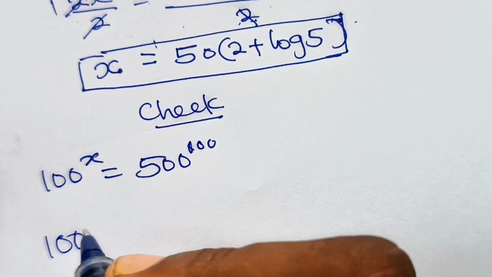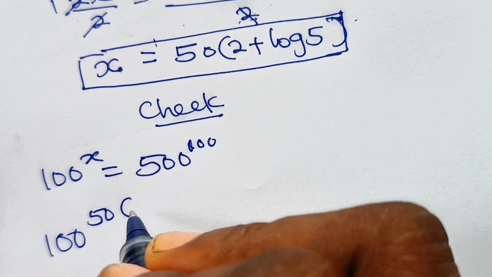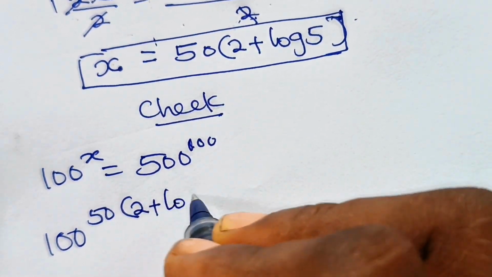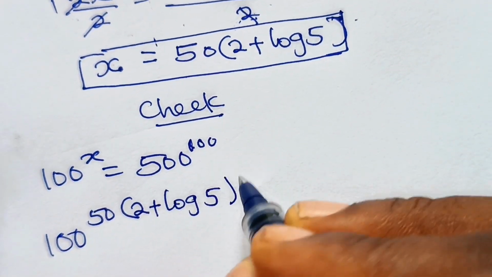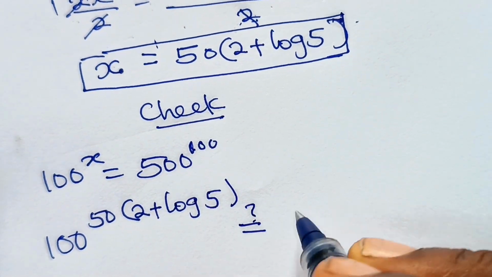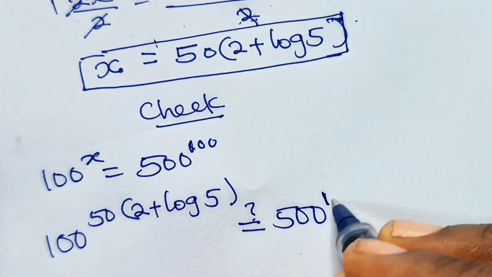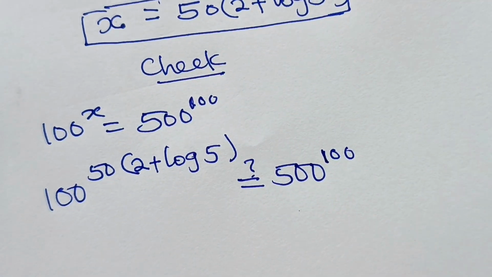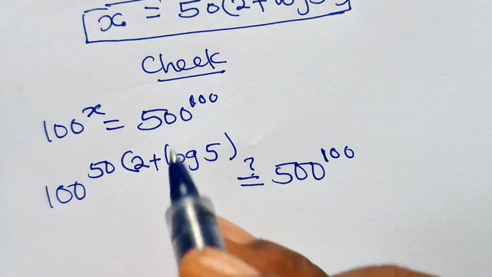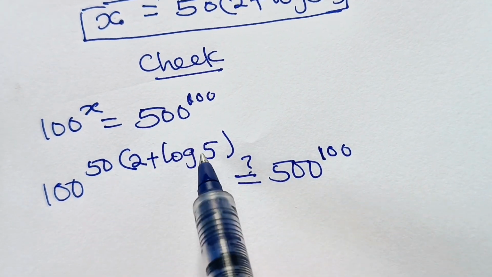We have 100 raised to the power of 50 brackets 2 plus log 5. Is this really equal to 500 raised to the power of 100? All right, now let us multiply out.